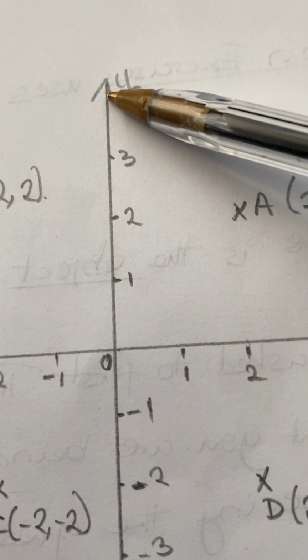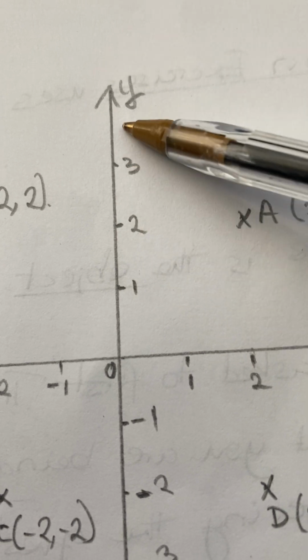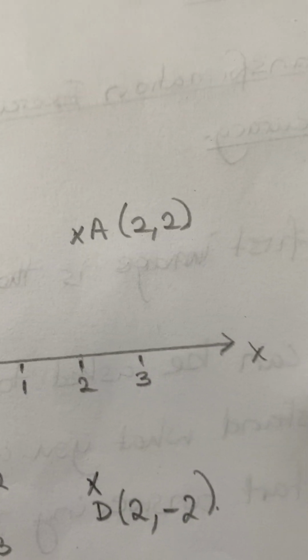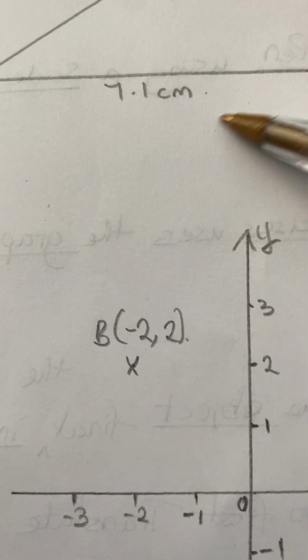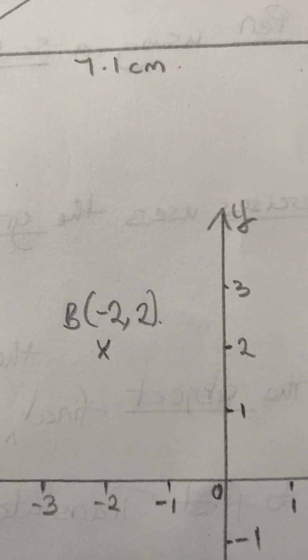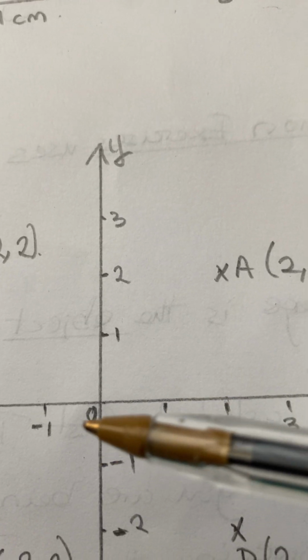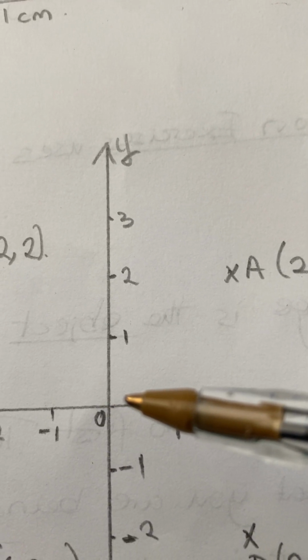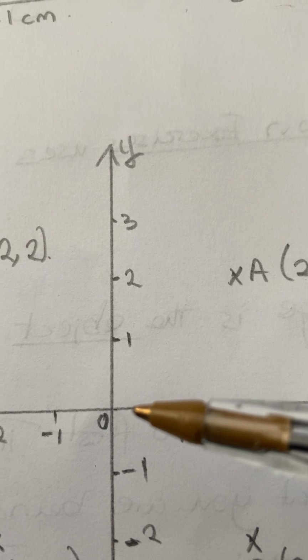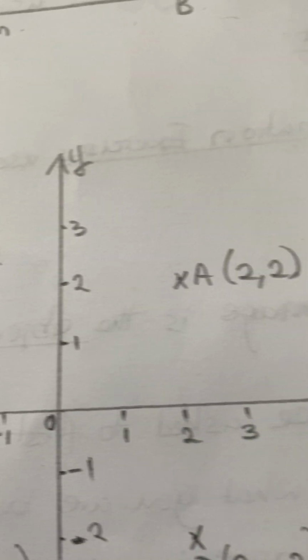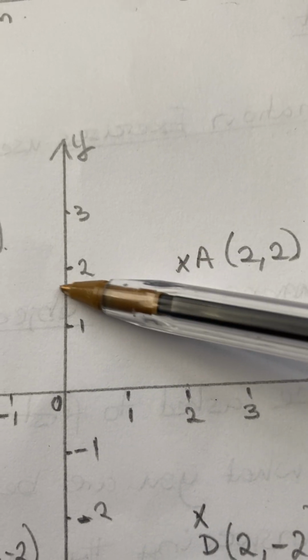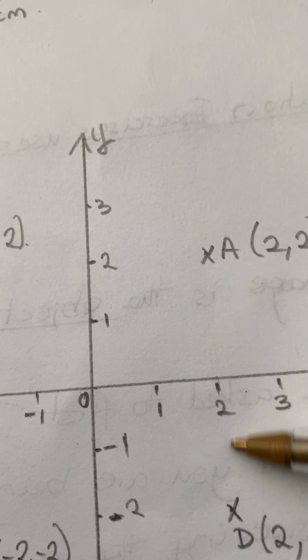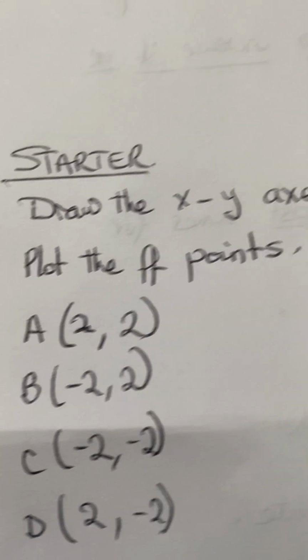They are to scale, by eye judgment. That is my y, that is my x. My title will be plotting points. So the point A is 2, 2: 2 on the x-axis and 2 on the y-axis. That is my A.